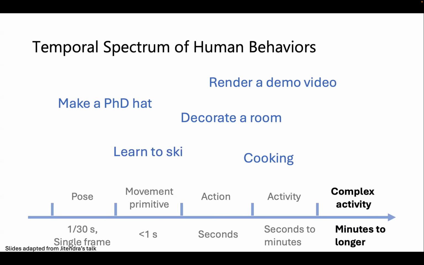So we have this full temporal spectrum of human behavior. Another thing we have to think about is the data. Lots of the data that we have is at the pose level. We have a lot of pose data from 2D images and from 3D mocap, but it only gives you certain semantic meaning.